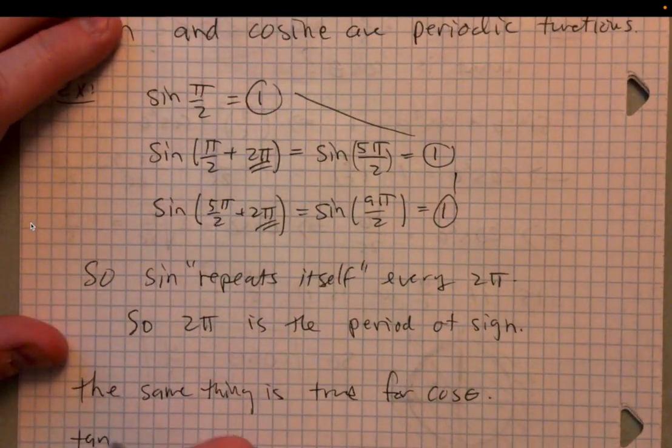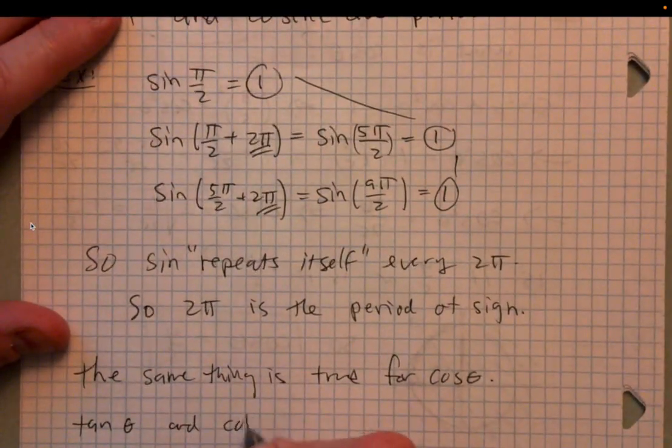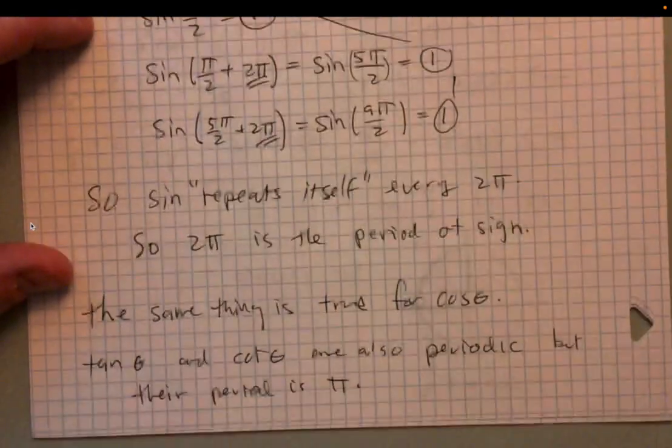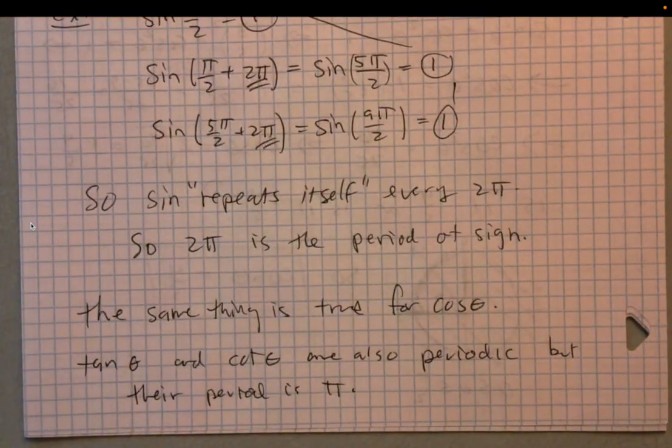So tangent and cotangent are also periodic functions, but their period is pi. Okay, it's a smaller period, shorter period.